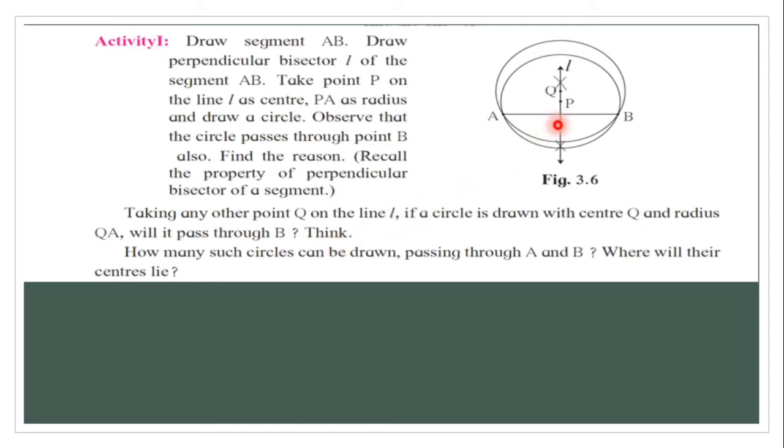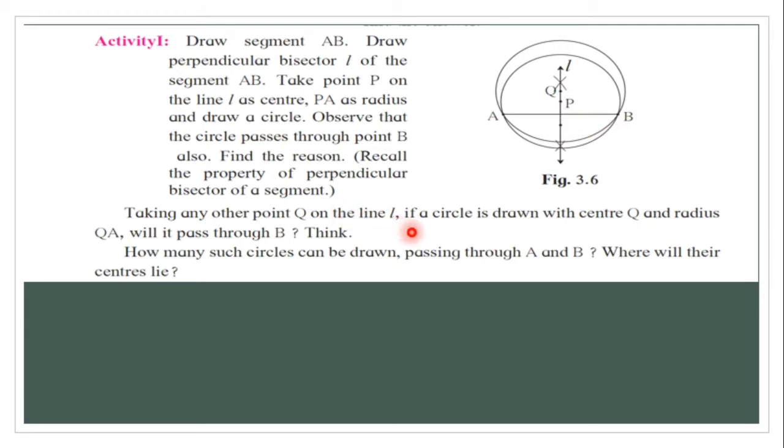First we drew a circle with center P and radius PA, and it passes through B. Now the question is: if we take another point Q on line L as a center and QA as a radius, and draw a circle, will it pass through B?